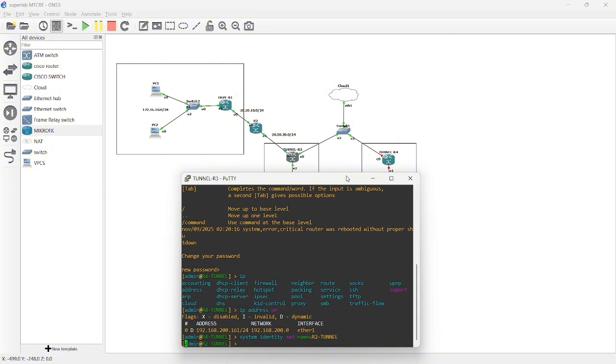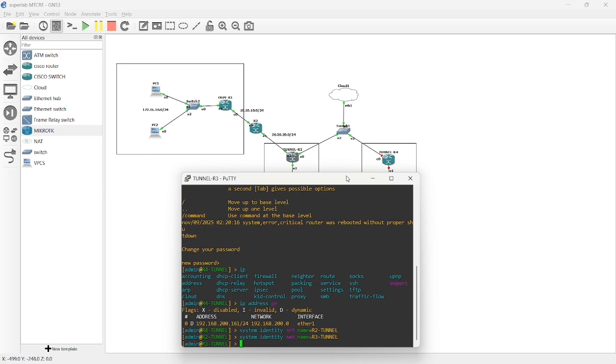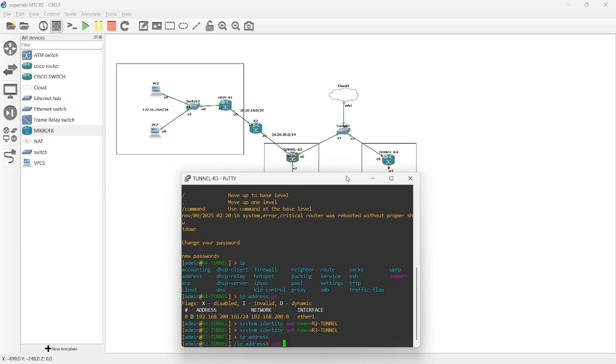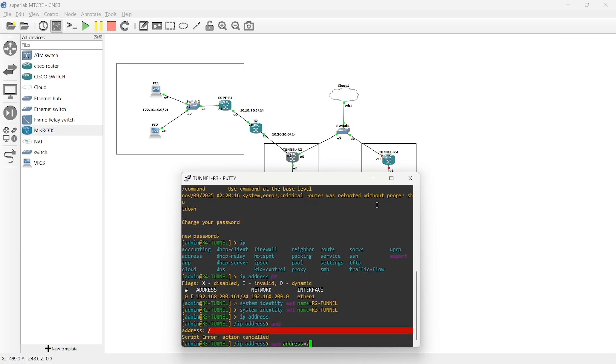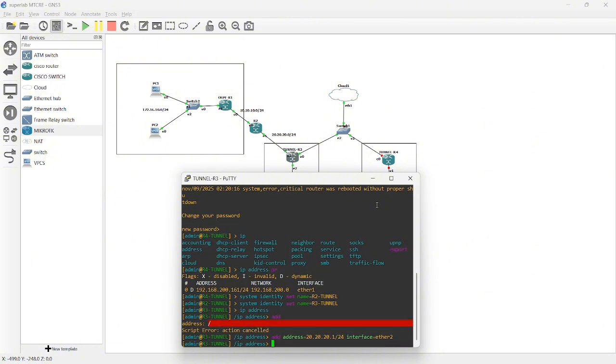Okay, we set the system identity because the name has a bug. I have a bug in this router.